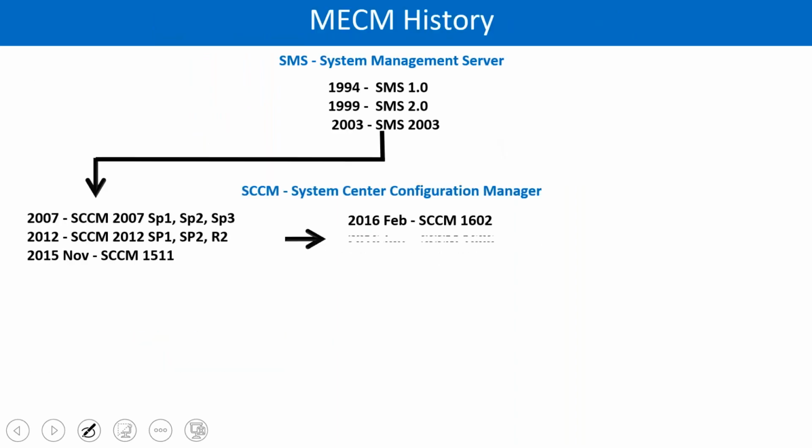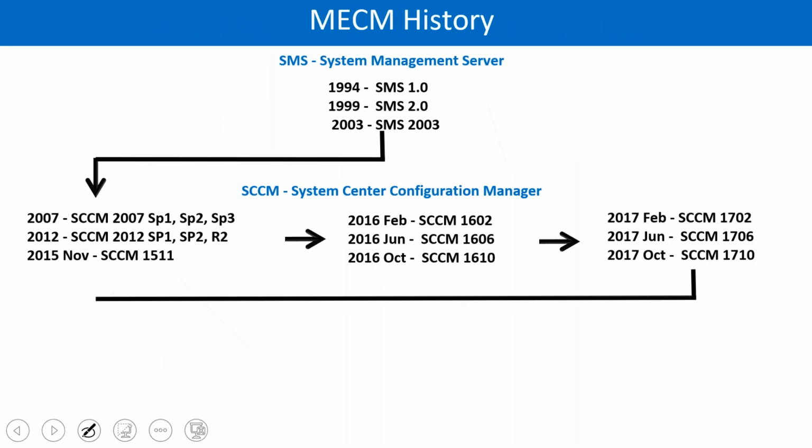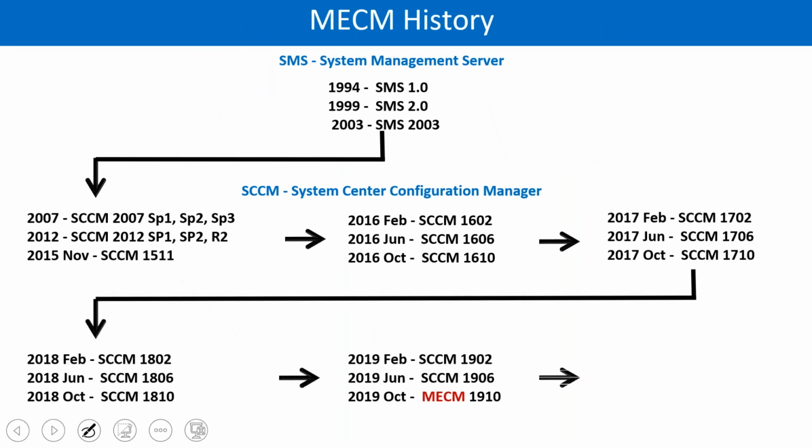Now I'm gonna give you little background of SCCM, when this product started, and what all versions released so far. So this product was started in 1994 from Microsoft, and the name of this product was SMS, System Management Server. So we used to call it as System Management Server.